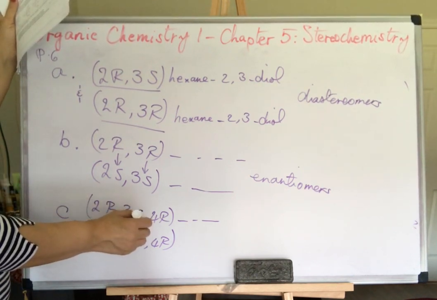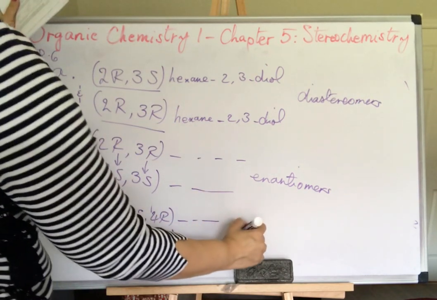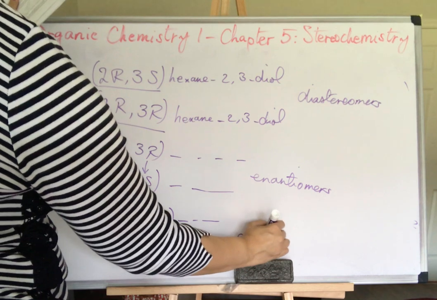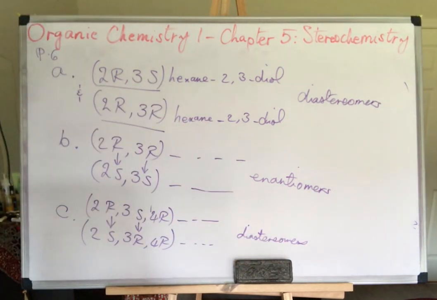No, first one and the second one. But the last one hasn't changed. So they are again diastereomers. So watch out for these. These are good grade makers. I call them grade makers. So make sure you know it well.